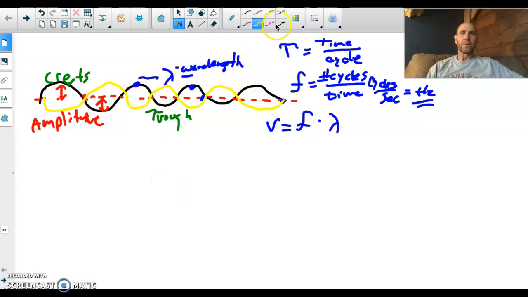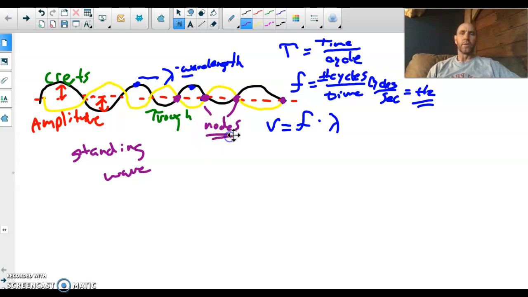When that happens, this is called a standing wave. Okay, a standing wave. Parts of a standing wave: this part right here, there's literally no movement in that standing wave. The parts where there's no movement are called nodes.